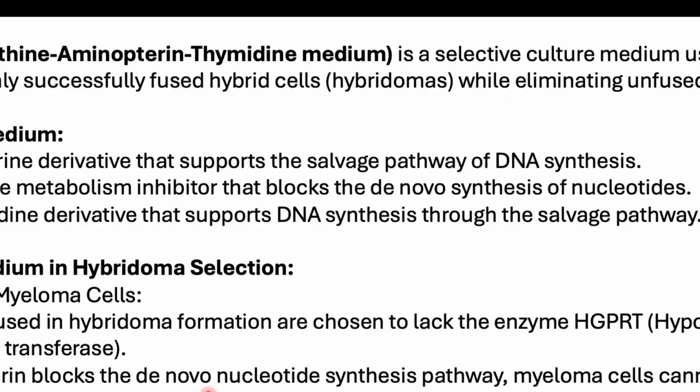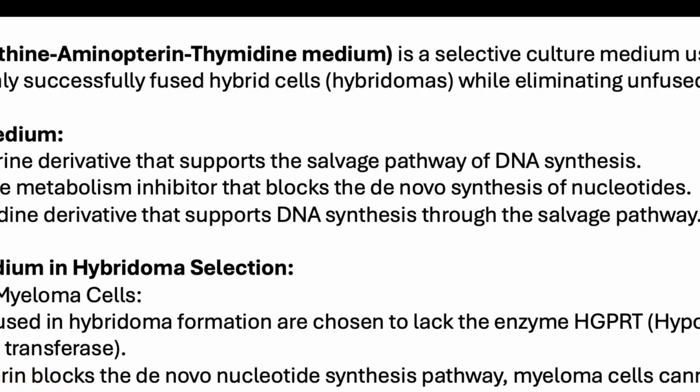This is the key point here. Aminopterin is an inhibitor of the de novo synthesis of DNA. So aminopterin blocks one of the two major pathways of DNA synthesis, pushing the cell to survive on what is known as the salvage pathway. When the de novo synthesis is stopped, the salvage pathway activates and DNA synthesis proceeds.